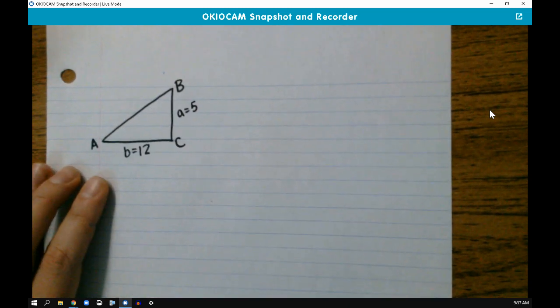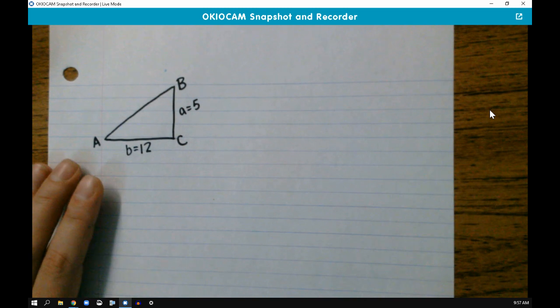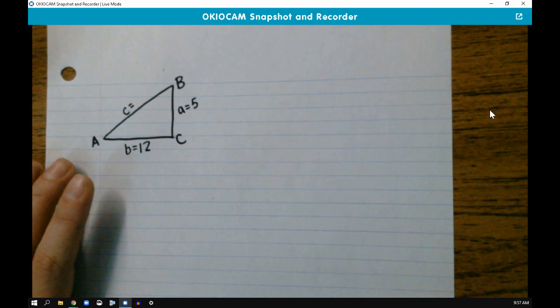So A is 5, B is 12. We do not know what side length C is.